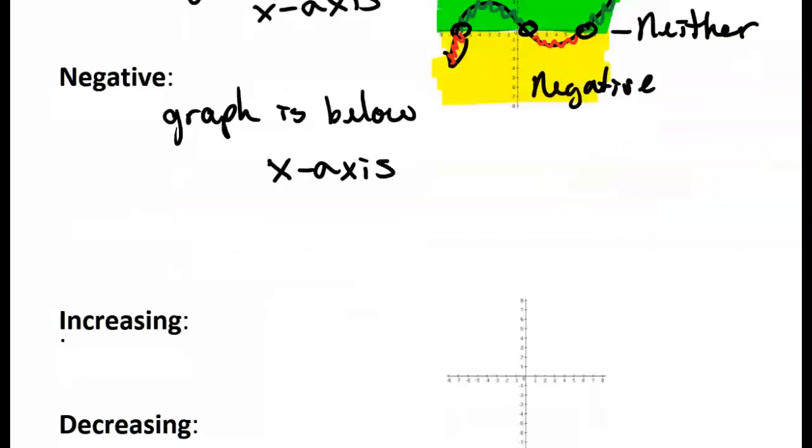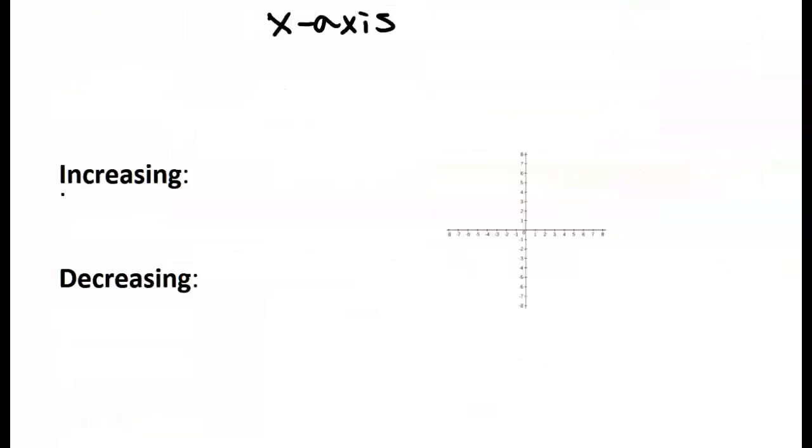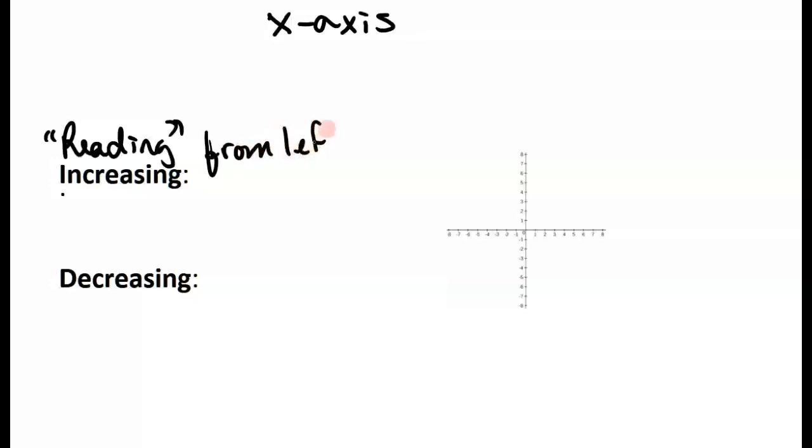Right, and then finally, we'll also have places where our graph is increasing, okay, and decreasing. And we determine increasing and decreasing always by reading, think of it as reading from left to right. If I'm reading from left to right, when the graph goes up, it's increasing. Graph goes up.